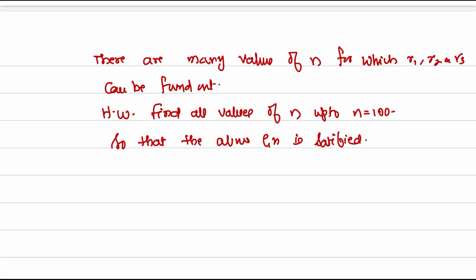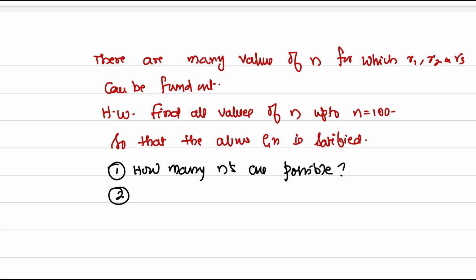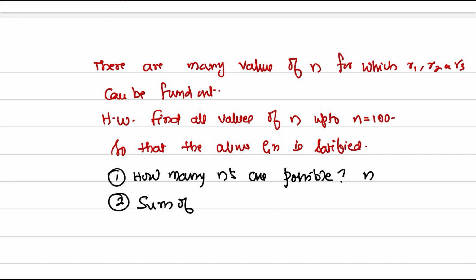Next class we take the same example and see. The questions are: one, how many n's are possible; two, the sum of the possible n's, for n less than or equal to 100.